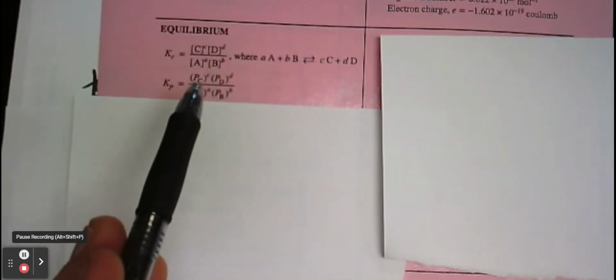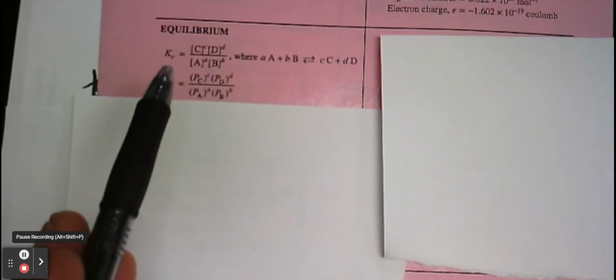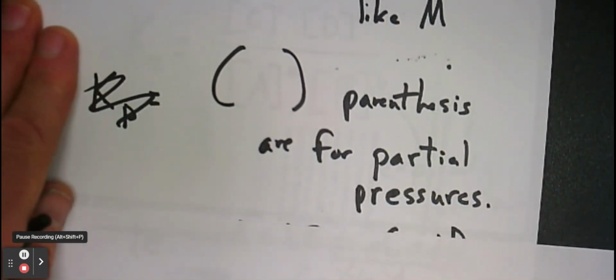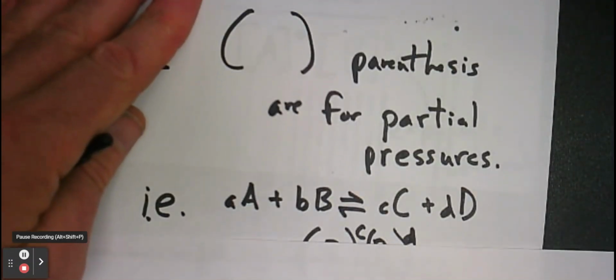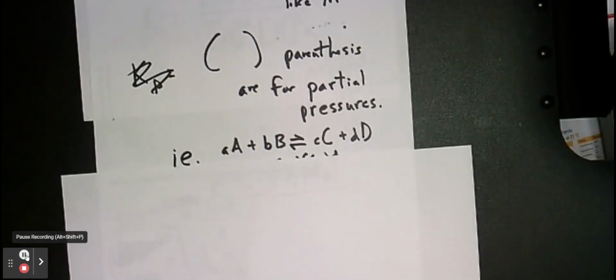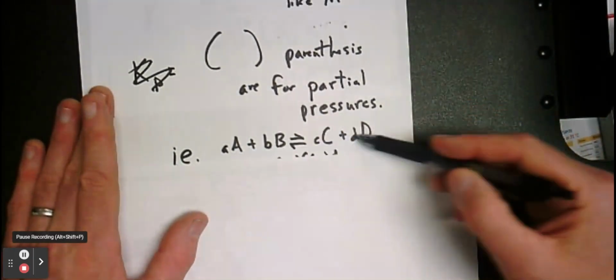And it's written the same way as this, except it's the partial pressure of C raised to the coefficient of C. So the parentheses are for partial pressures. Here's the expression.